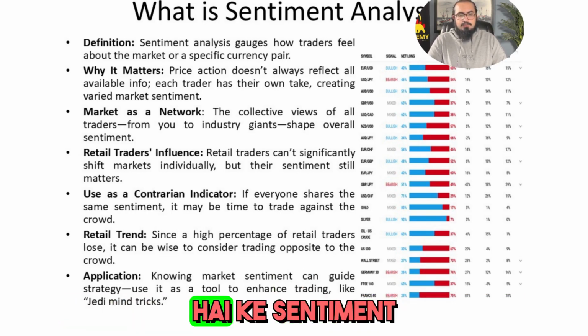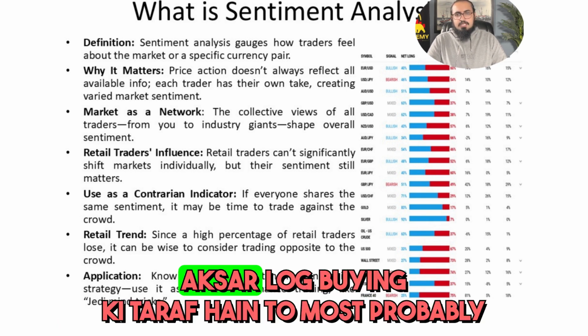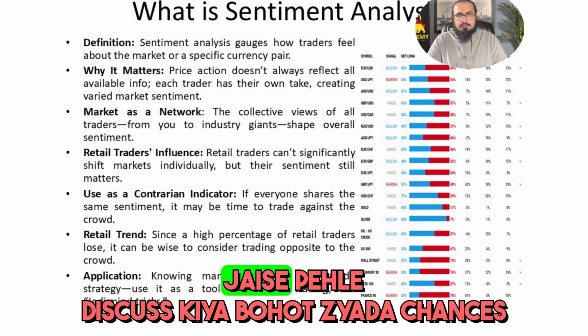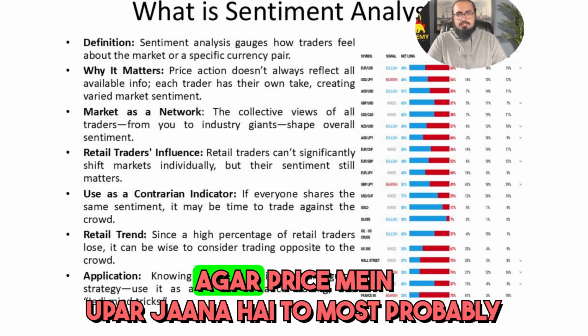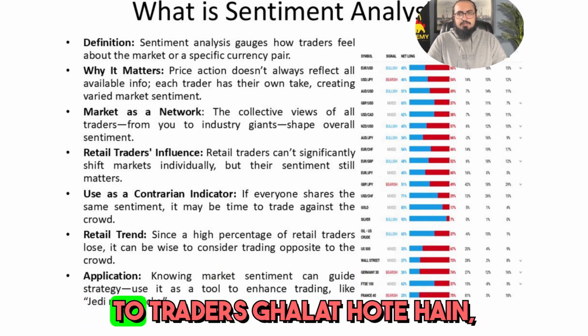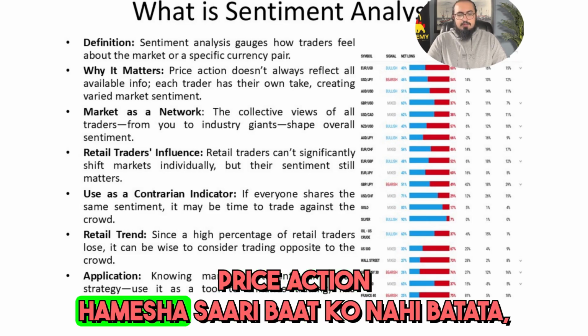Now, what we need to understand from sentiment is that if most people are on the buying side, it is not 100% confirmed, but as discussed earlier in trading, there are very high chances that the price will go down. If most are selling, then most probably the chances are that the price will go up. So traders are wrong.